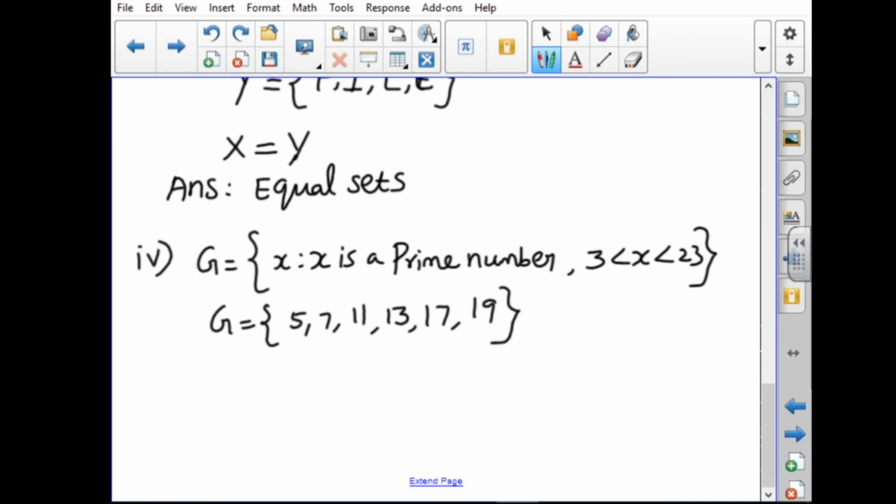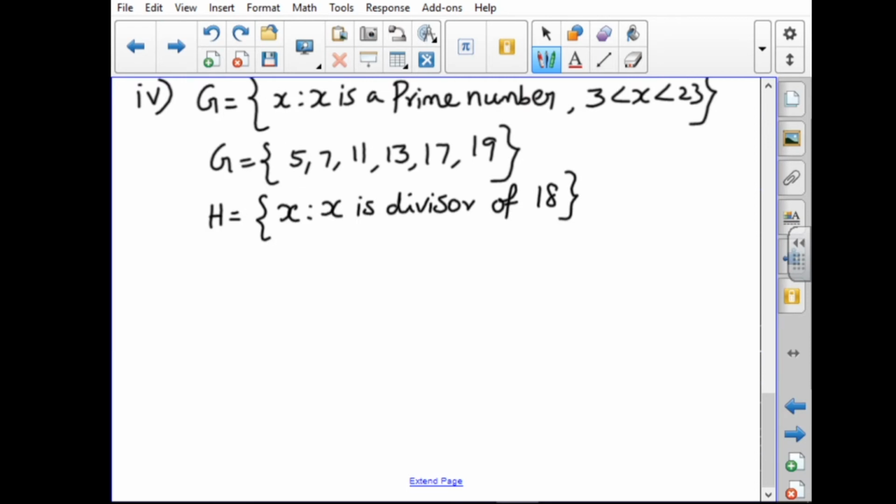Then H is equal to the set of x such that x is a divisor of 18. What are the numbers that divide 18? H is equal to 1, 2, 3, 6, 9 and 18.